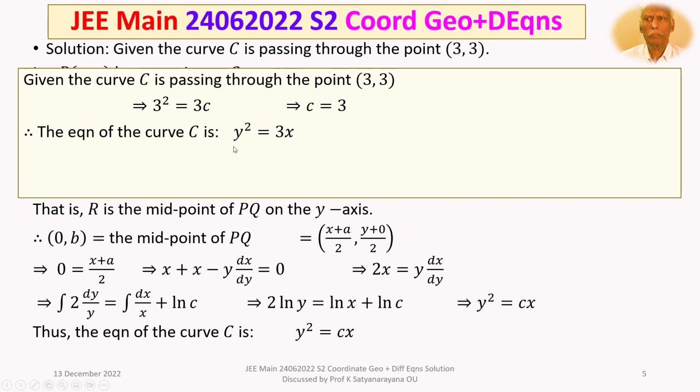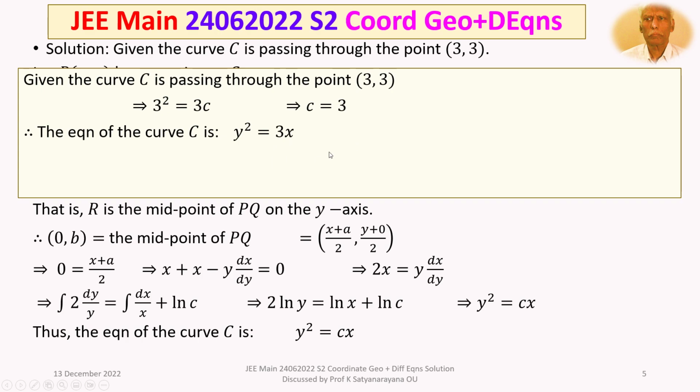What is this? This is of the form y square is equal to 4ax, which is the standard equation of a parabola. Therefore, the curve is a parabola whose length of the latus rectum is 4a, that is the coefficient of x, which is 3.